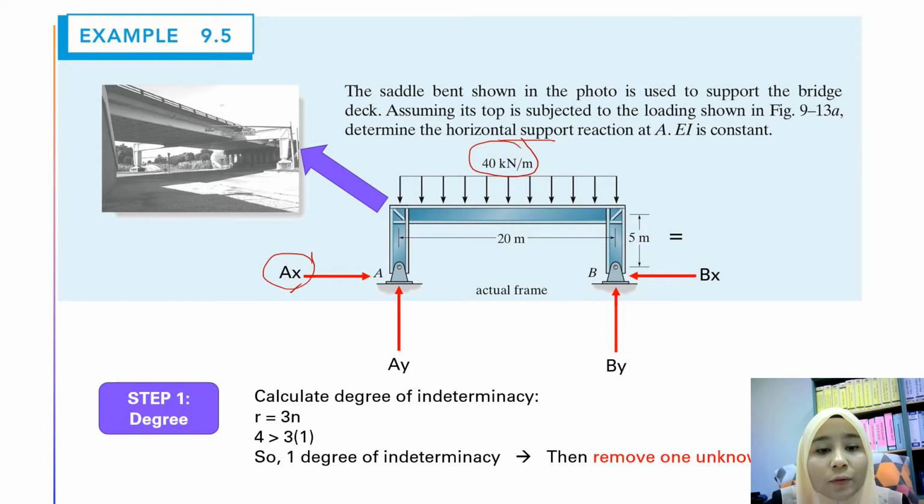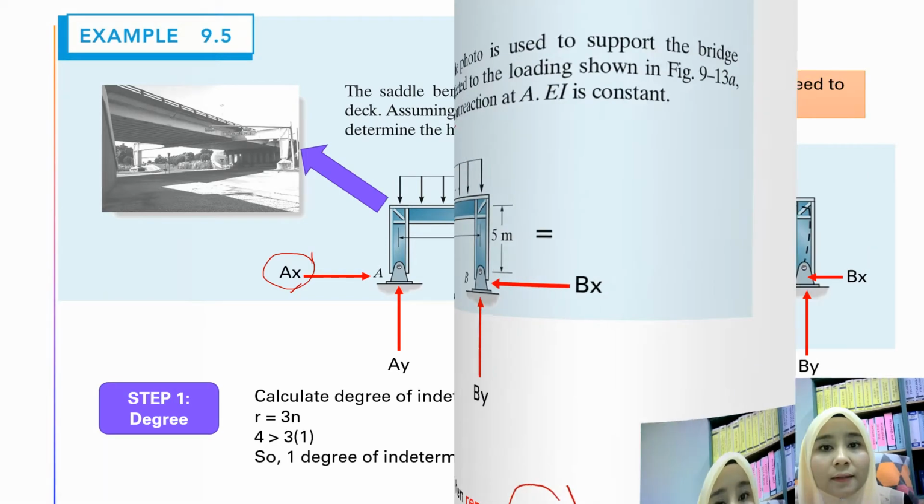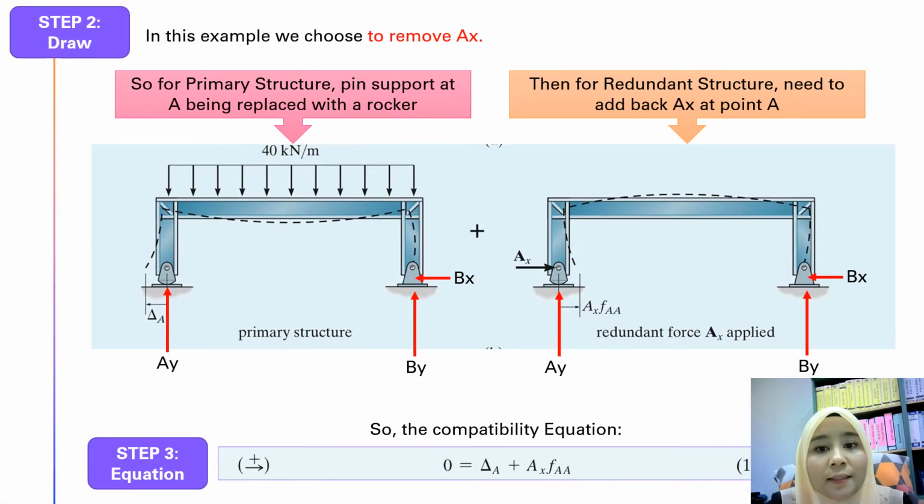Since 4 is greater than 3, you will have 1 degree of indeterminacy, so you need to remove 1 unknown. Since this question asks us to calculate AX, it's easy for us to just remove AX, the one unknown, because at last we will get the value of AX.